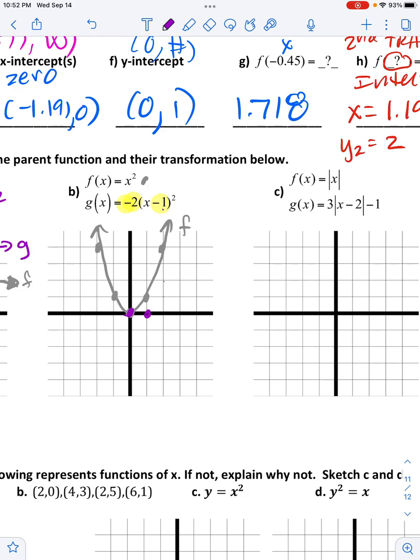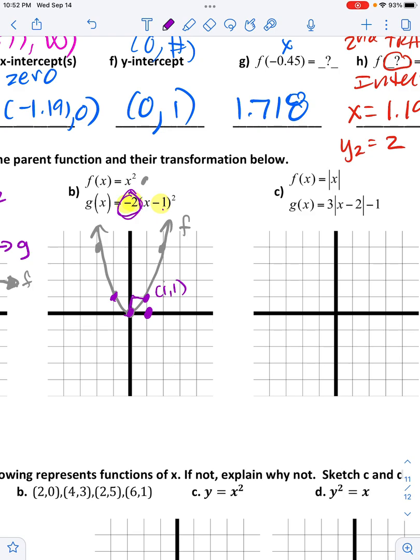So this point ends up here, my vertex. It'll still be the vertex. This one is now going to open down and be skinnier. What I kind of do to cheat is use these 3 guide points. Since this was a 1, 1, I think, okay, what if I took that and did this to it?